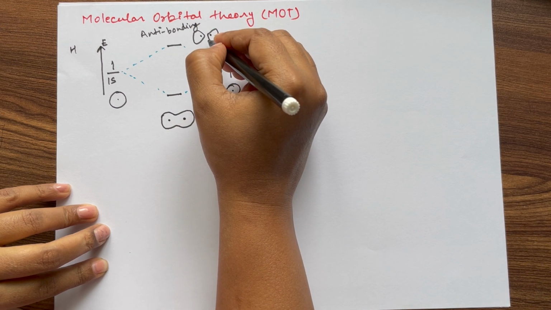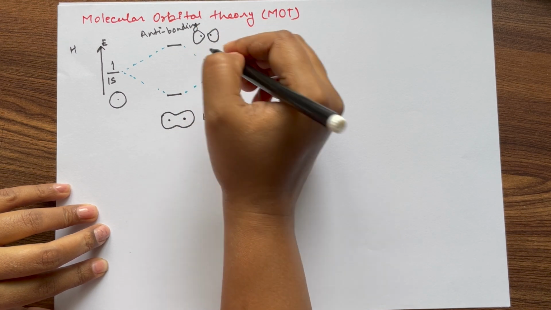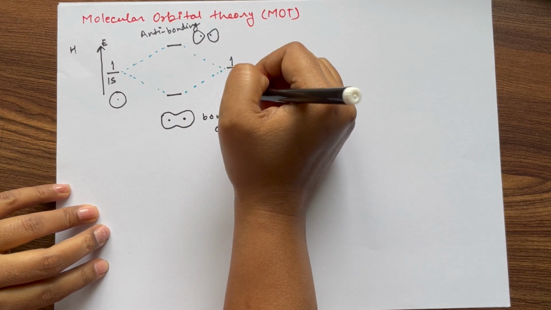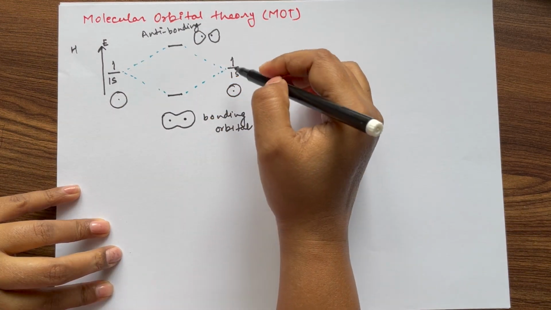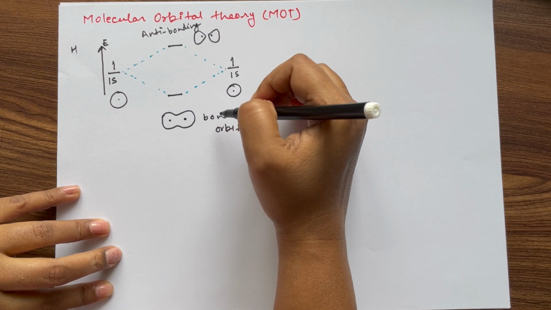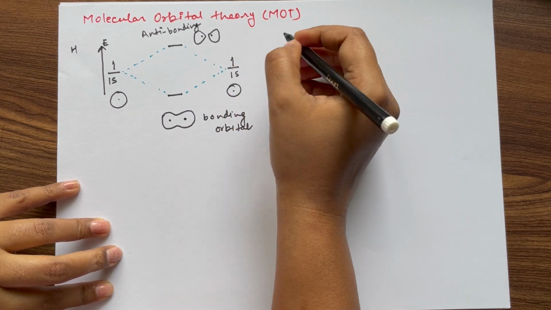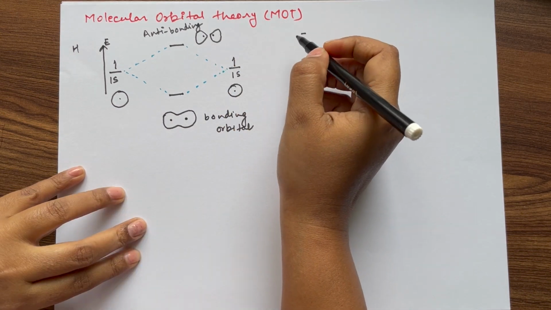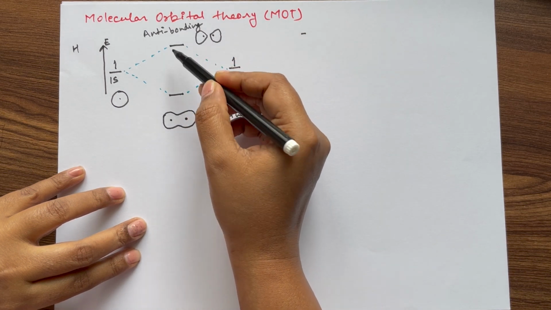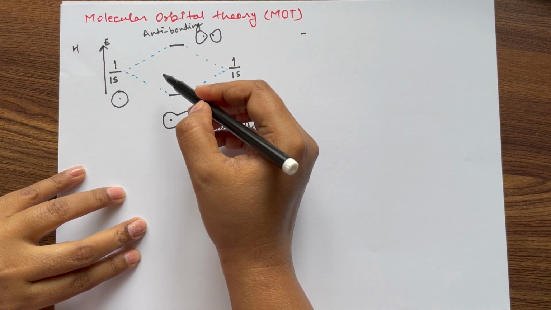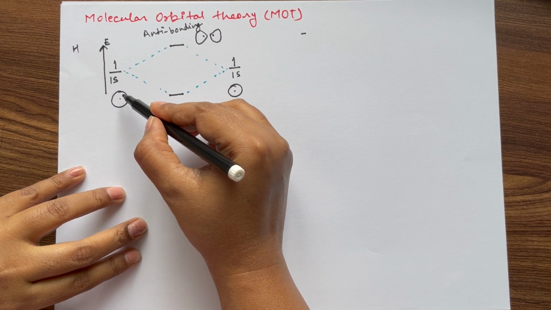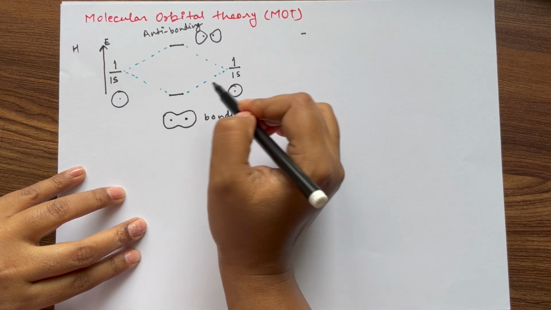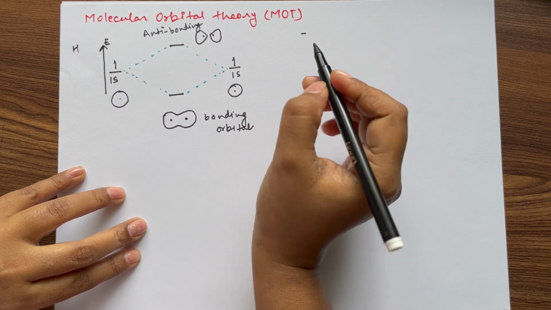This is because of the negative interference of these two orbitals. There are a few points that we keep in mind while creating these bonding and anti-bonding orbitals. The first one is the total number of molecular orbitals formed will always be equal to the total number of the atomic orbitals offered by the parent atoms.